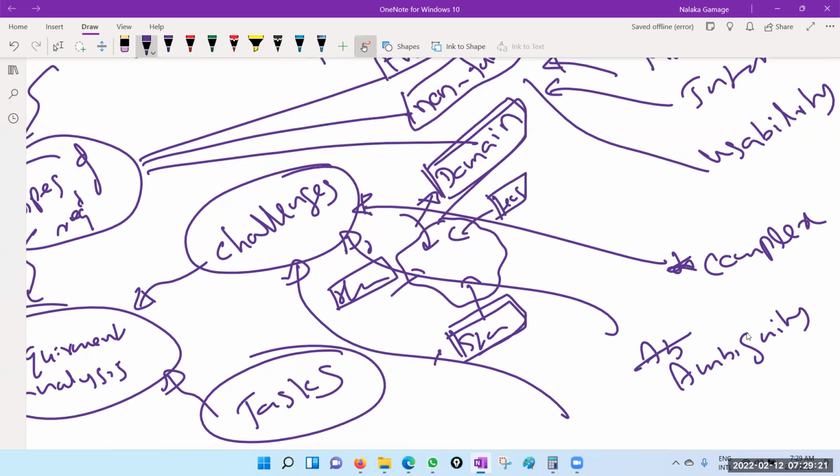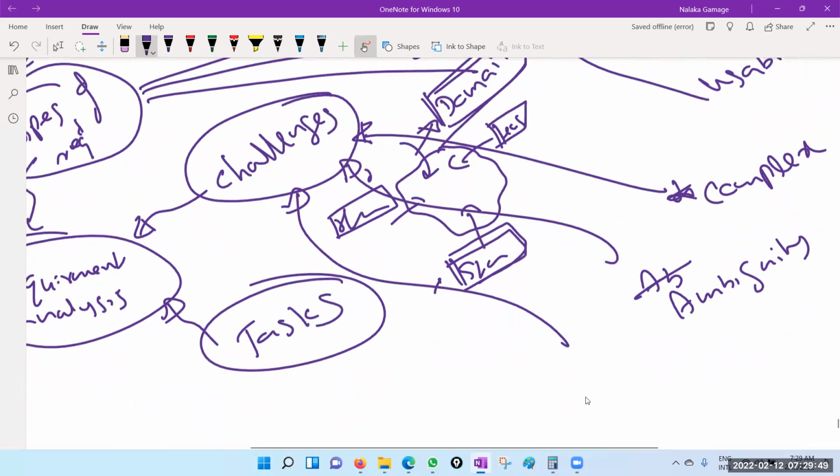That is a real issue, because not everyone is good in communication. Maybe they also have vague idea about the requirements. Maybe they have idea, but they don't know how to explain it. Maybe they also have a very sort of a blur idea about what they want. Ambiguities. So that is another challenge.